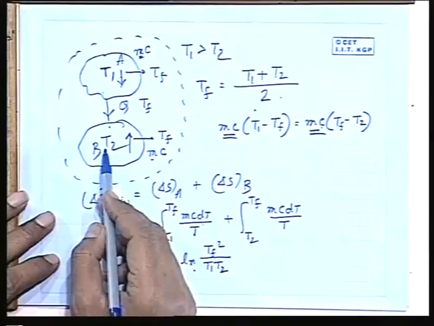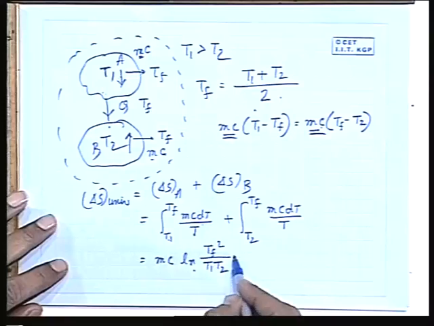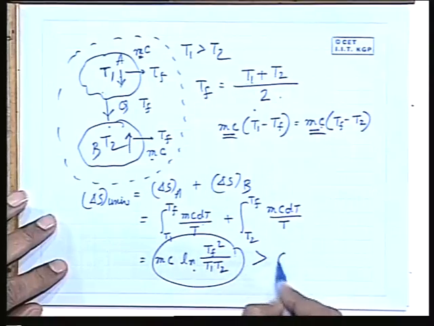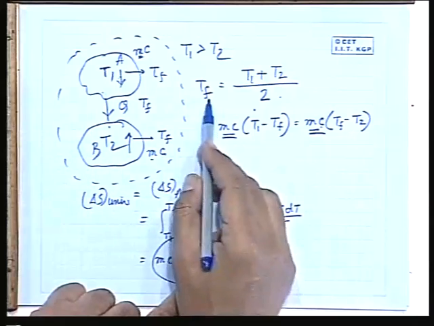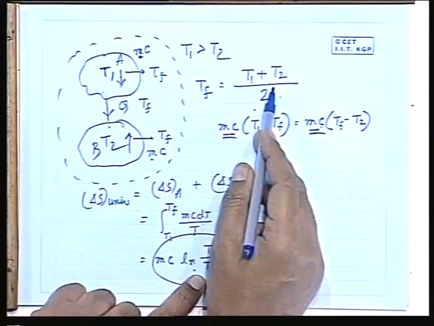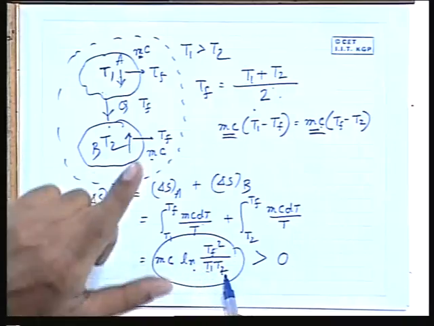So this is an irreversible heat transfer, T1 is greater than T2, so this has to be greater than 0. Why? Because Tf square is greater than T1 T2. Tf is the arithmetic mean and root over T1 T2 is the geometric mean.